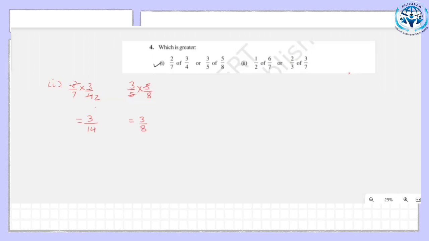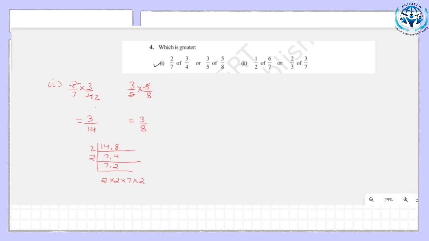Now converting into like fractions. First of all, find out the LCM of 14 and 8. It is 56.